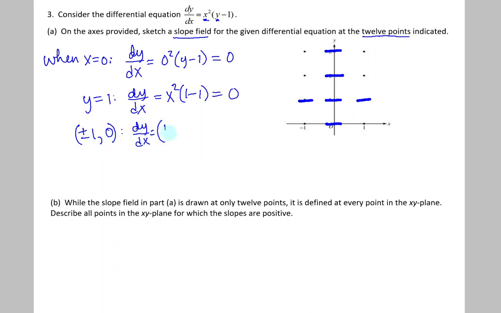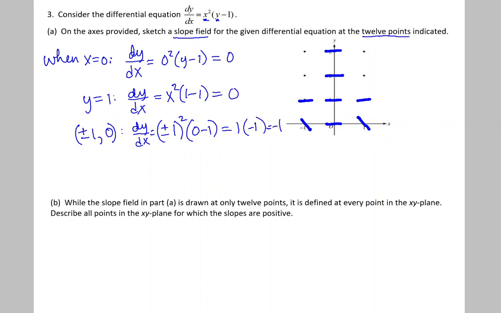Whether I'm doing positive or negative 1, when I square it, I get 1. Plugging in 0, 0 minus 1, I get 1 times negative 1, which is negative 1. So at positive 1, 0 here and negative 1, 0 here, I have a slope of negative 1. Remember, we do our best to show that it's a negative slope with approximately a rise over run of down 1 over 1, and that looks about like this.